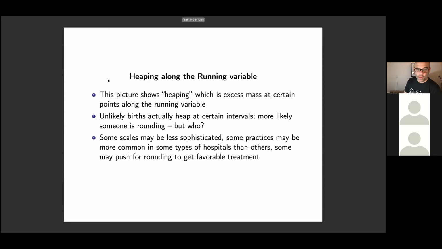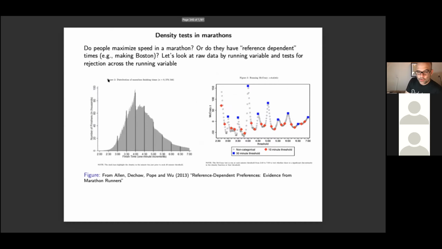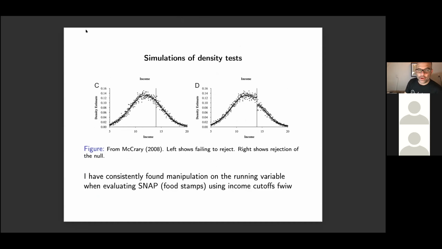Okay. So the picture shows heaping, which is excess mass at certain points along the running variable. Technically, this and this, right? So right here, look at this one. That's like that picture. Notice, there's only a break.